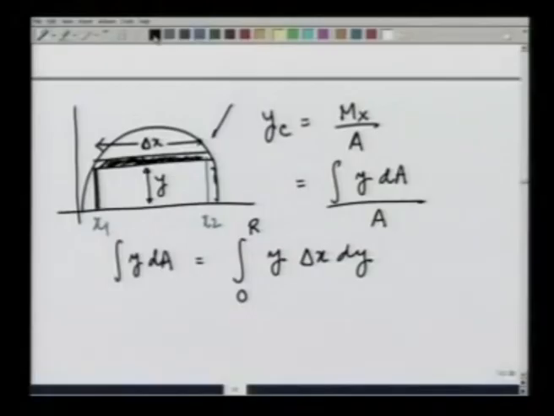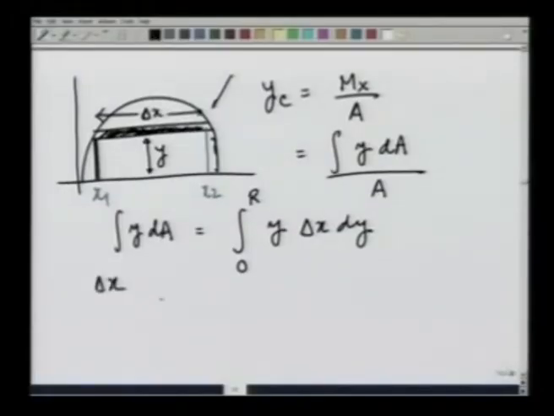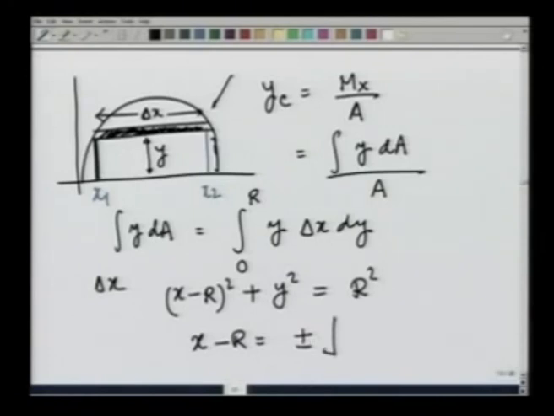To calculate the value of delta x, we again use the equation for the circle, (x minus r) square plus y square equals r square, and that gives me x minus r is equal to plus or minus the square root of r square minus y square.